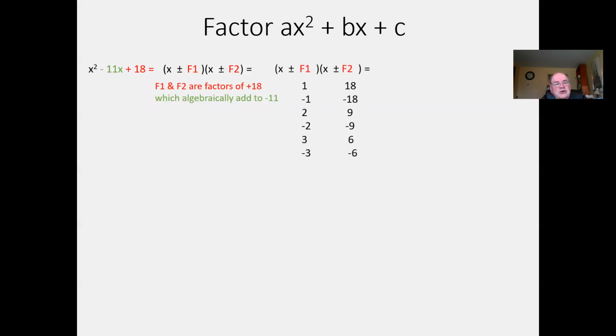Okay, so we try all the factors, and sure enough, we go ahead and get that -11 that we're looking for with the -2 and the -9. The two negatives will give us the positive 18, and the two negatives as a sum will give us the -11. And so there are the factors, -2 and -9.